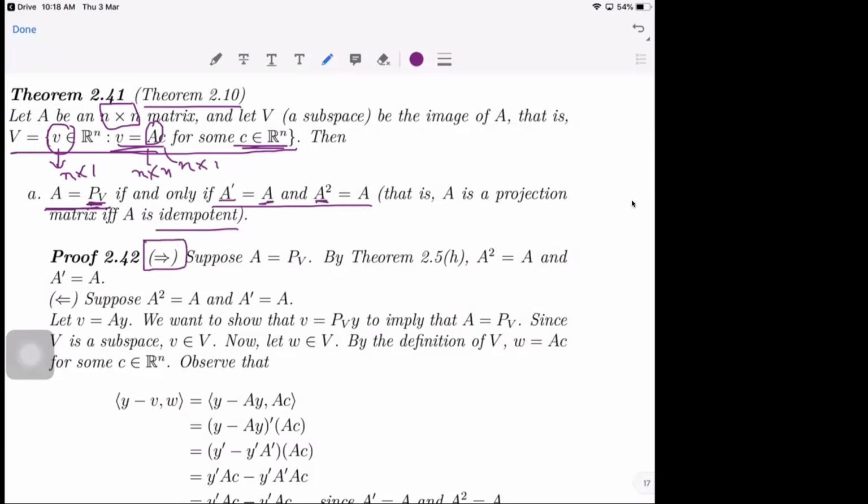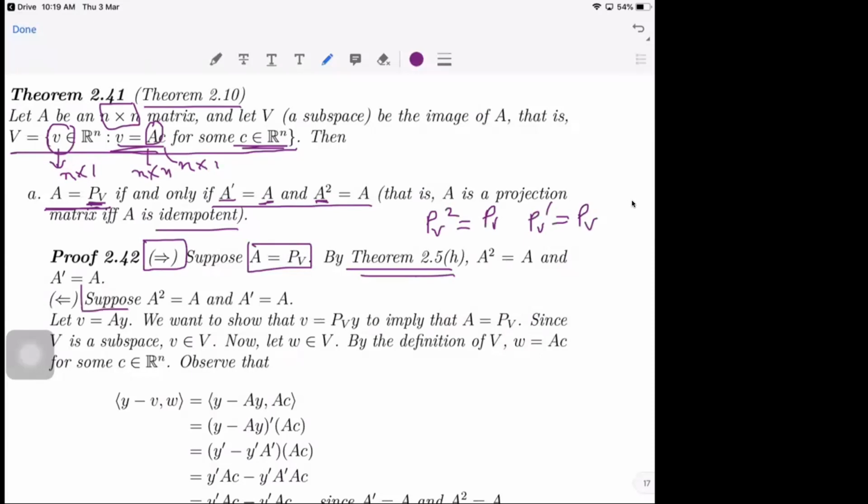This direction here is easy because of the result in 2.5H, wherein if your A is the projection, then the projection squared is just equal to the projection, and the transpose of the projection is equal to the projection. So very easy using this theorem. Now, let's go the other way around.